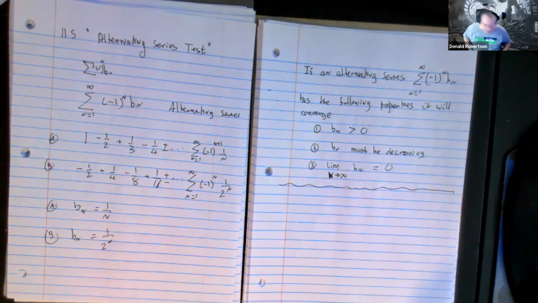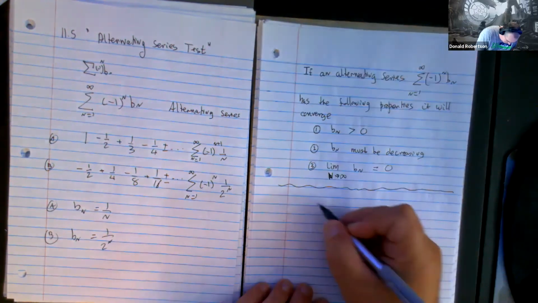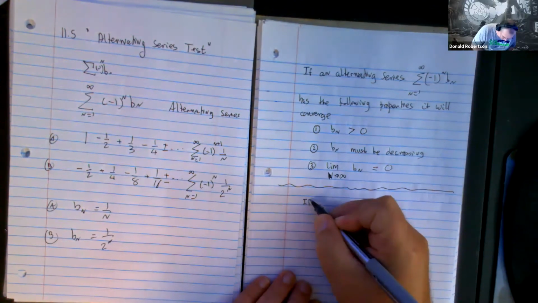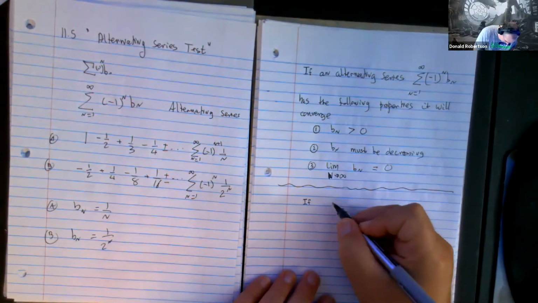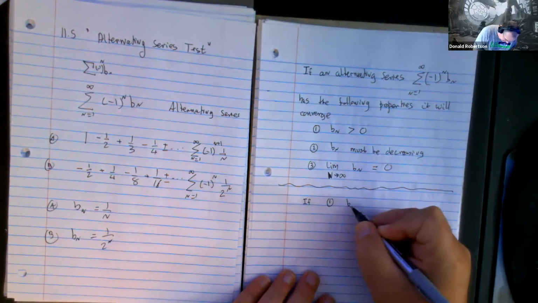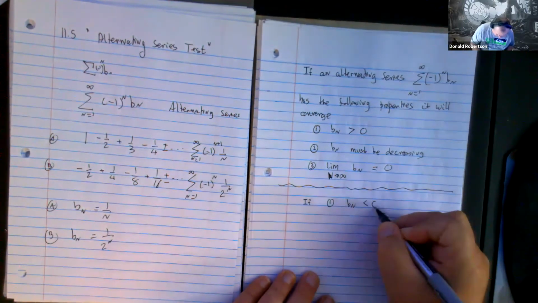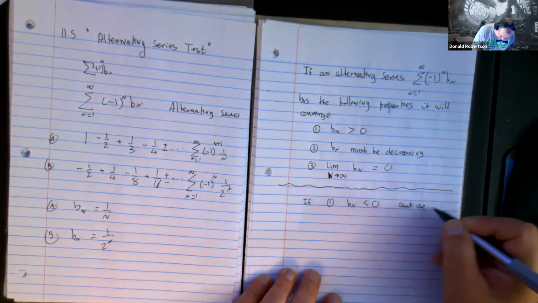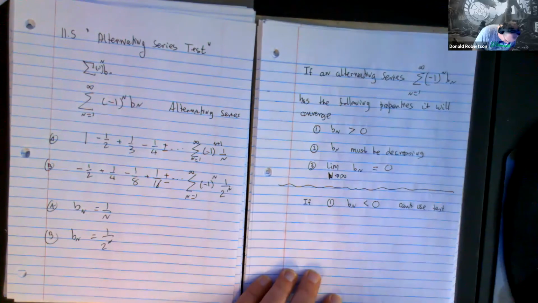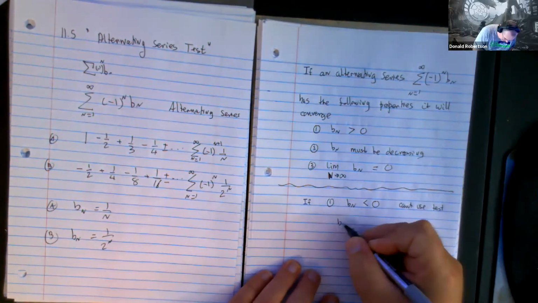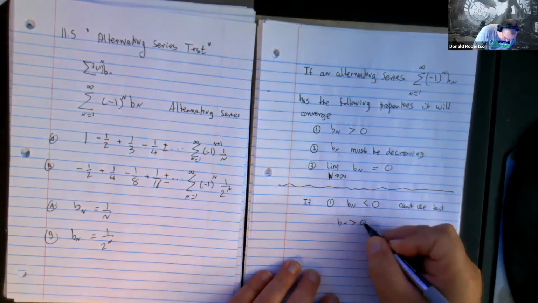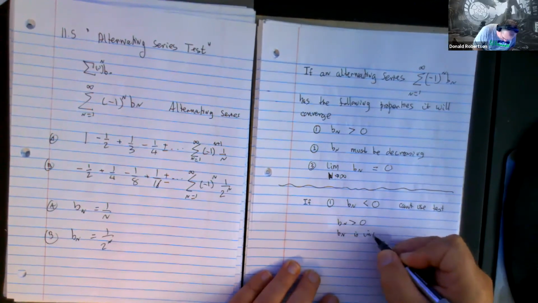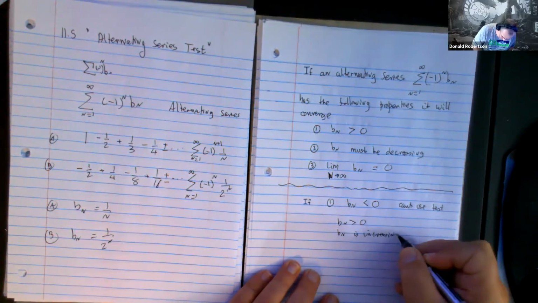Okay, now, if Bn is sometimes less than 0, you can't use the test. However, if Bn is greater than 0, but Bn is increasing, you can't use the test.